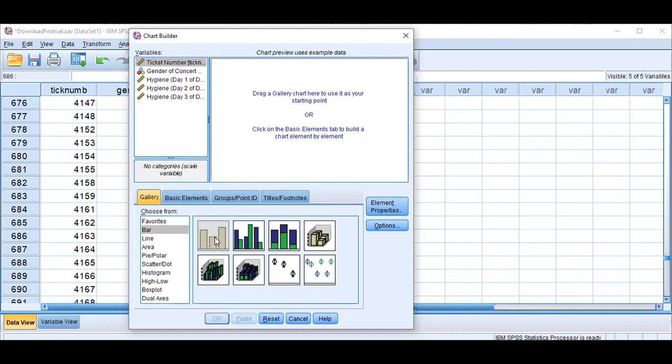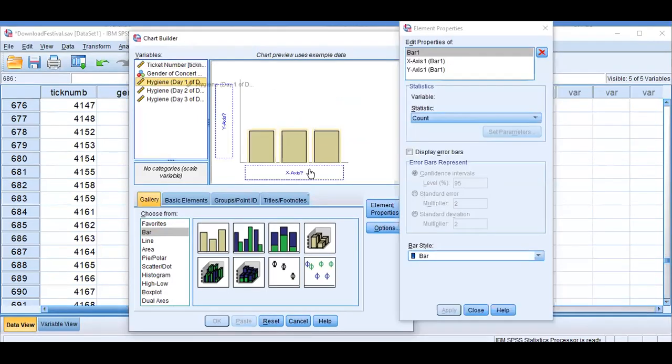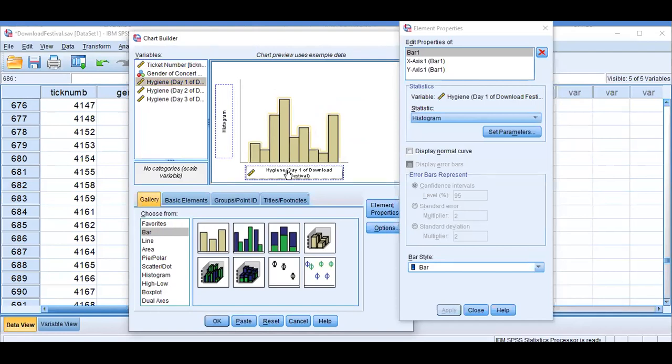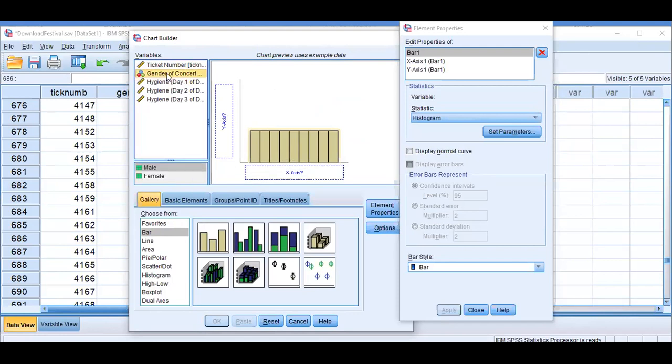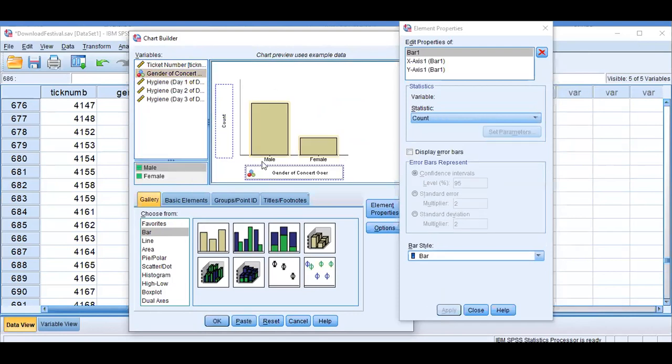This one is my data, that is day one score. Sorry, I am taking data of gender, and then hygiene score on count and display. Here you can see display error bar.